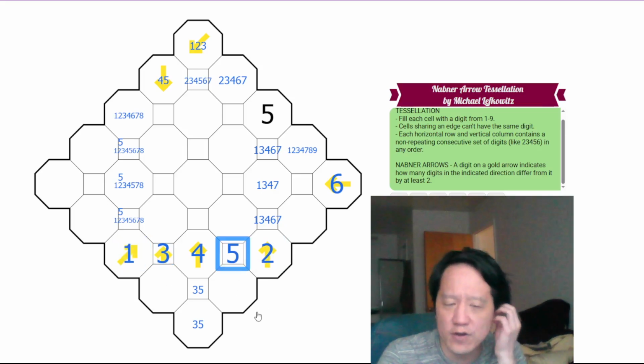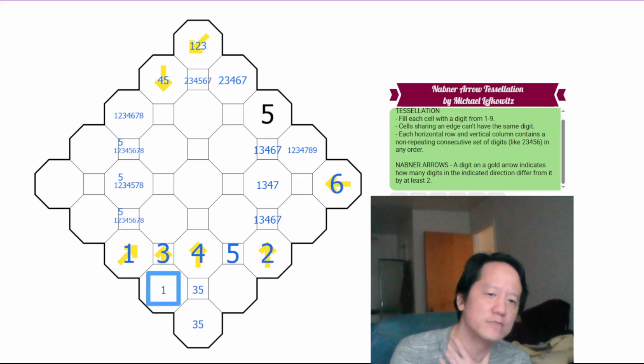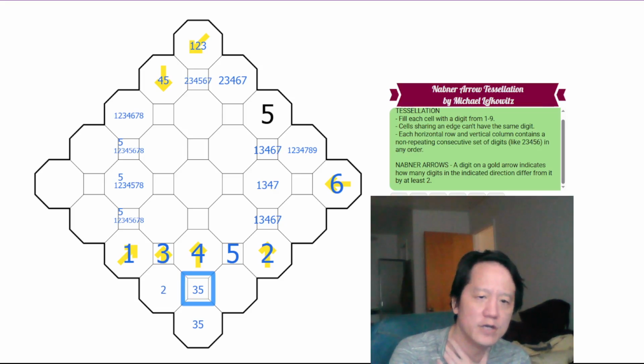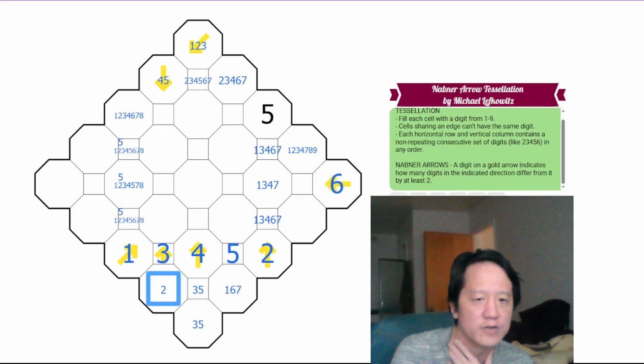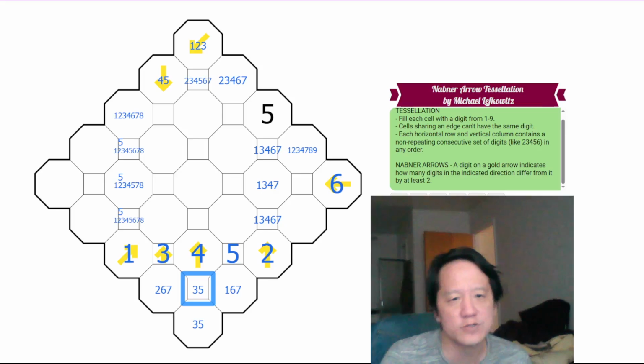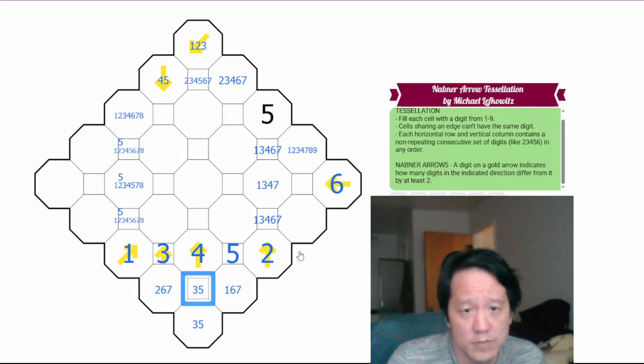This would have to be 5. 4 cannot be either of these. It could be 3, 2, 1, with this being 2 and this being 1. Or it's 5, 6, 7, in which case 6 and 7 can be any of them. And then, yeah, so that does actually work, potentially.